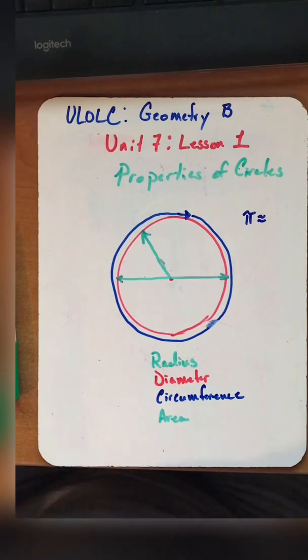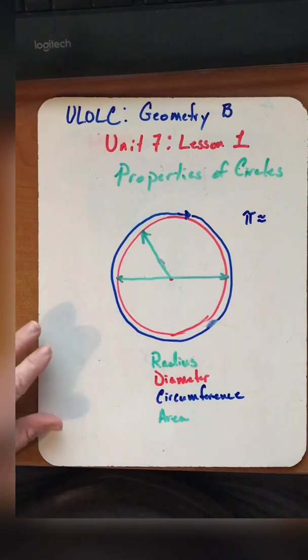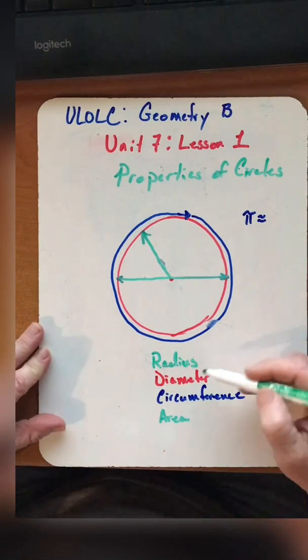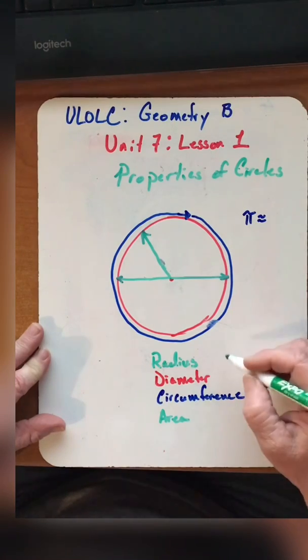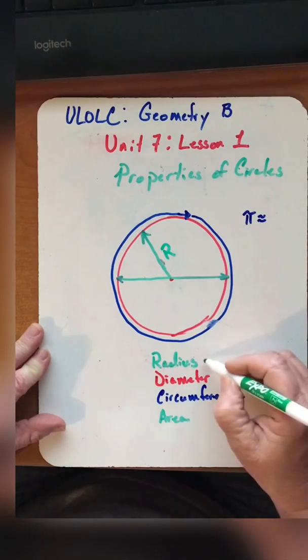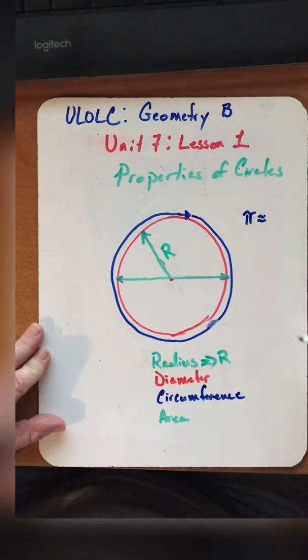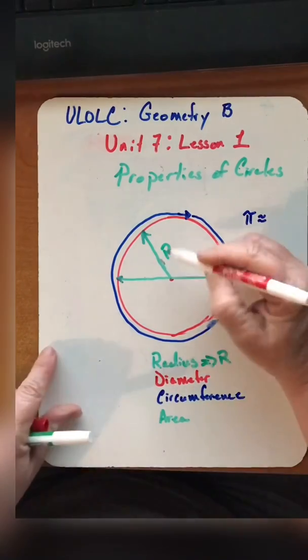So let's just identify some parts of the circle that you probably already know, but just to review to make sure we got it. Okay, so the radius of a circle is the distance, I'm going to label that R. It's the distance from the center of the circle out to the edge.